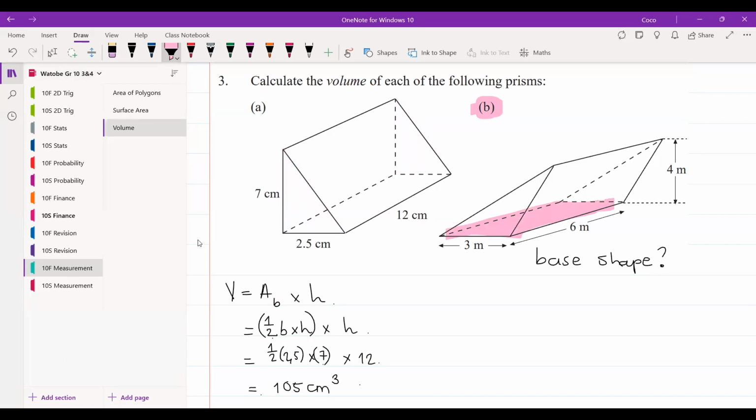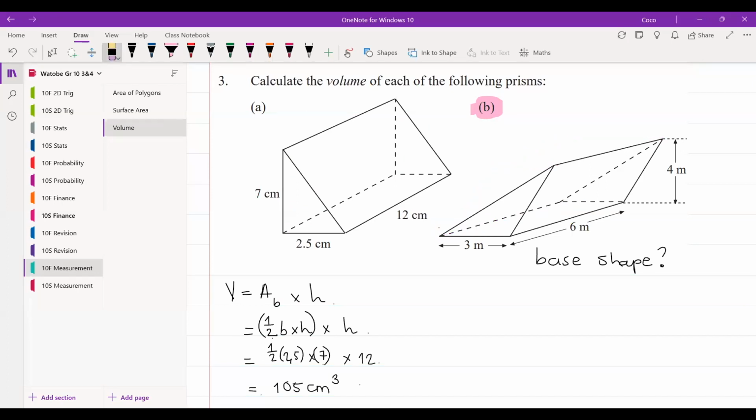Do you understand why I'm asking, can we use the rectangle at the bottom as our base? No, we can't, because up top here there's no other rectangle.